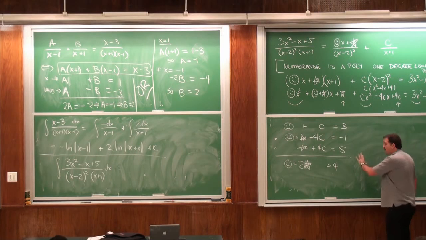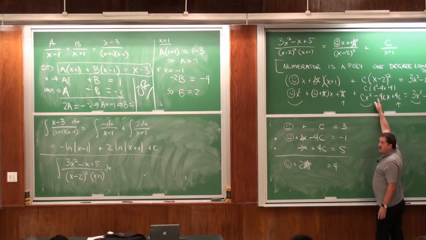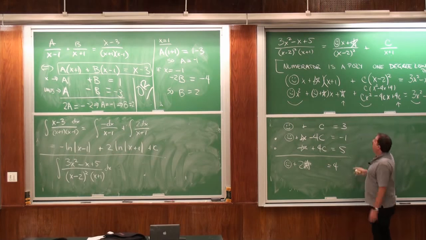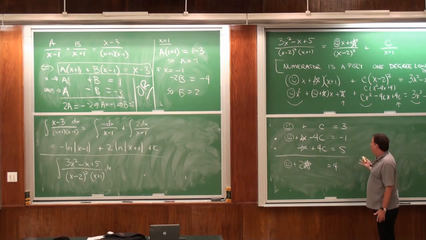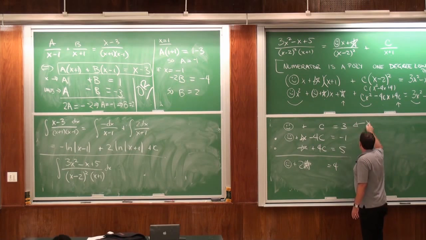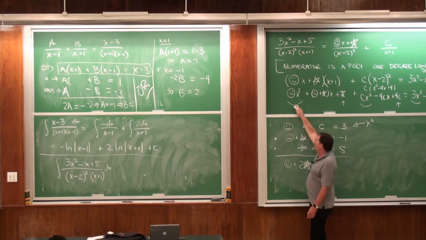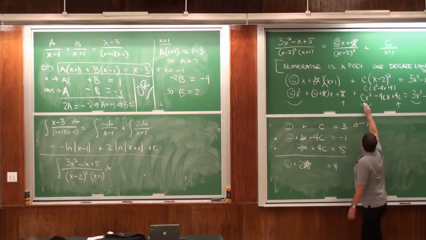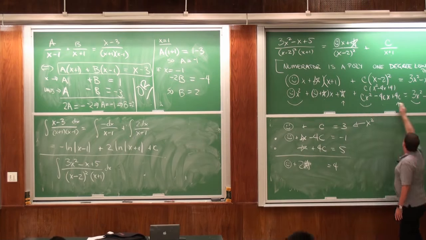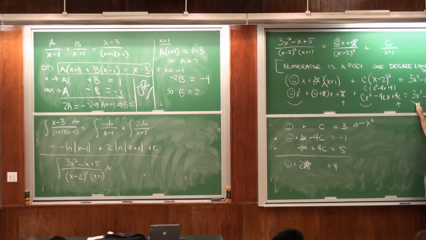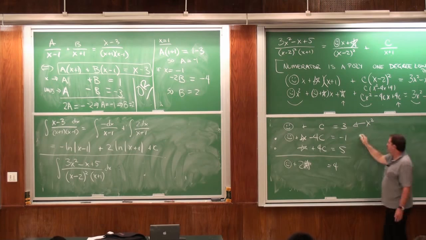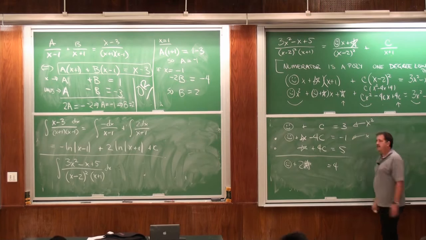Okay, so let's go through this process again. I look at this equation here. I cross multiply everything, I get some long mess. Now, what has to be true: this is what's in front of an x squared. In front of an x squared, I have one smiley face, I have a c, and I have a 3. And this is what's in front of an x.